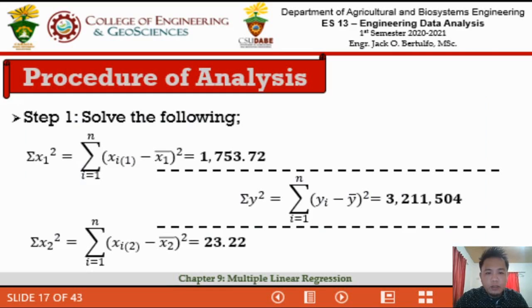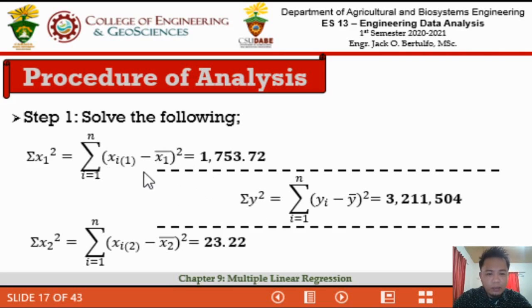Okay, I already solved it beforehand because it will consume time if I solve it here. Using the formula here, as I mentioned, you can solve it again by creating a table or something, or if your calculator can carry all of the values.